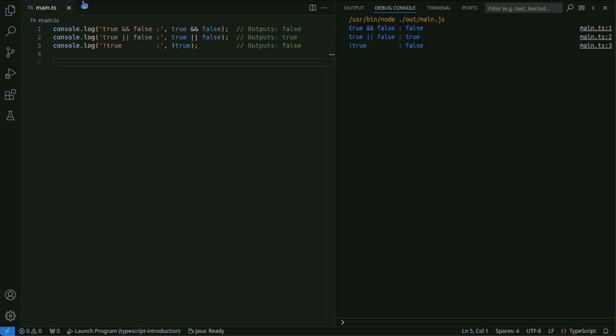In TypeScript, logical operators are usually evaluated in the order of NOT first, followed by AND, and finally OR. NOT is a unary operator and is evaluated with the highest precedence.